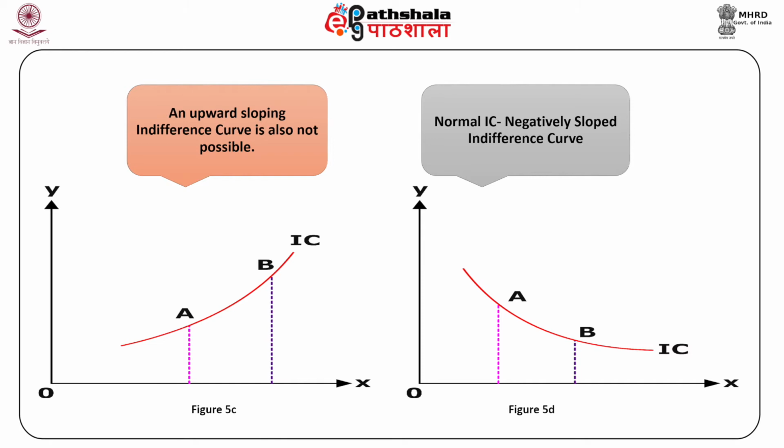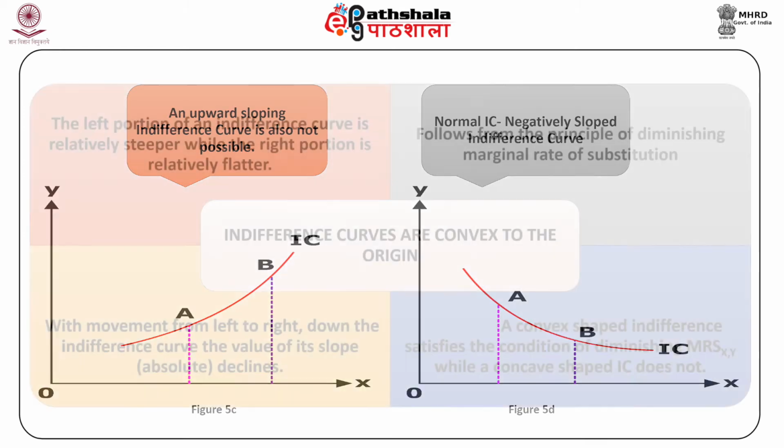Thus, as a last possibility, an indifference curve must be downward sloping as shown in figure 5d. A negatively sloped indifference curve indicates that for a consumer to get the same satisfaction level from various combinations, as the quantity of good X is increased, the quantity of Y must be reduced.